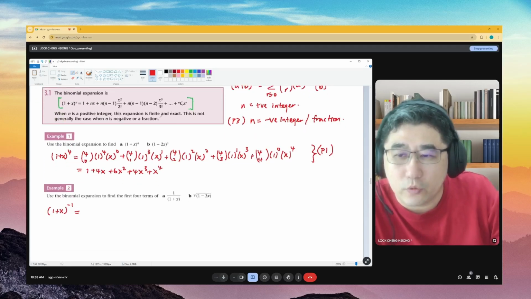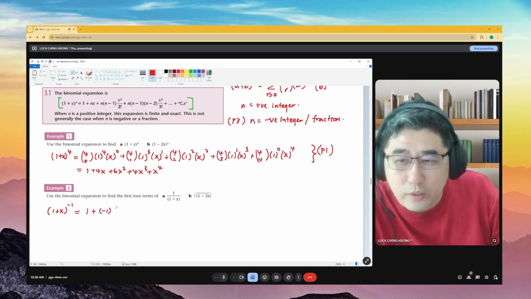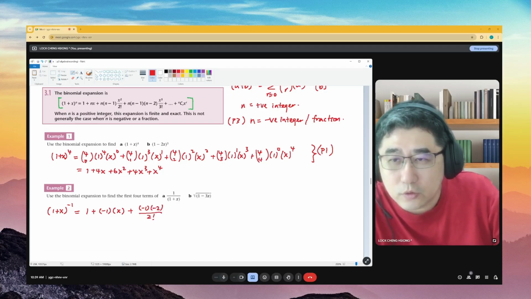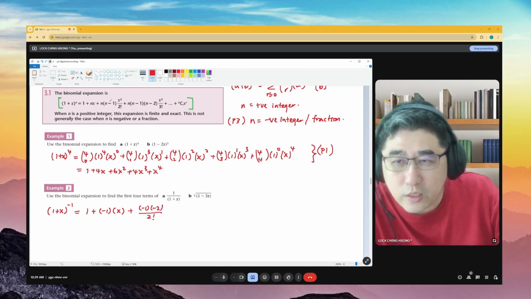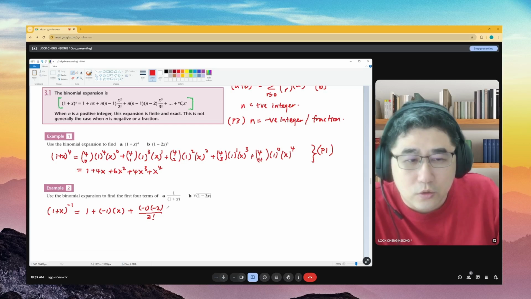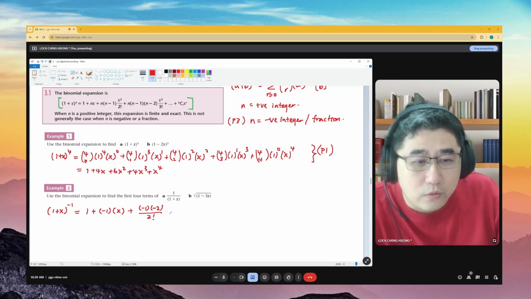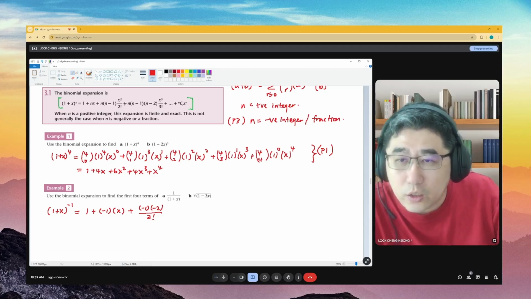So 1 + (-1)(x) + (-1)(-2)/2! x^2, where negative 1 is n and negative 2 is n minus 1.